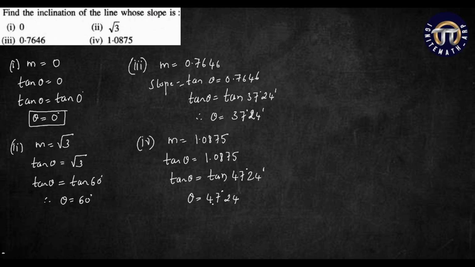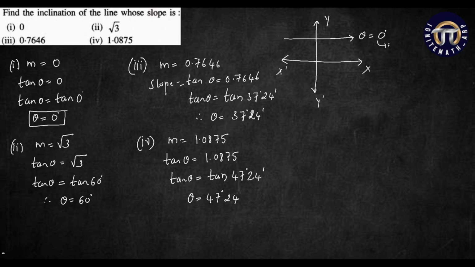Here I would like to bring your kind attention, children. Whenever the line is passing, these are the coordinate axes. If any line is passing in such a way that it is parallel to the x-axis, then theta of that line will be 0, because it is not making any angle with the x-axis.